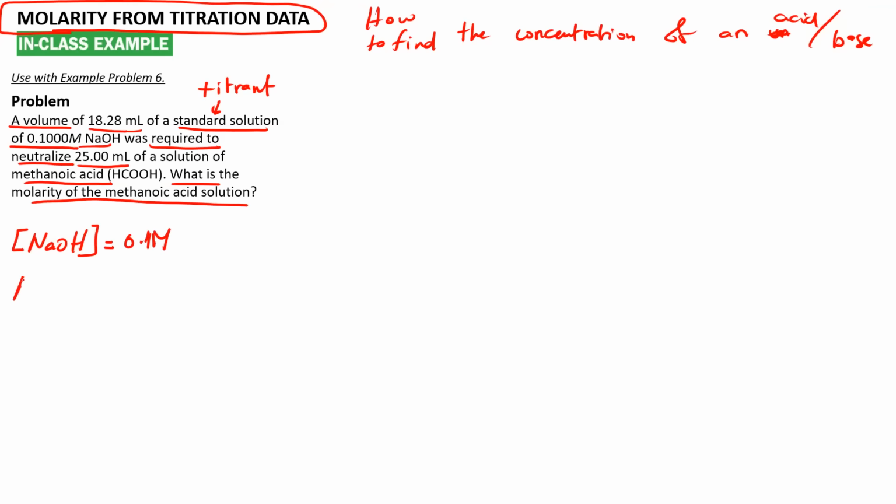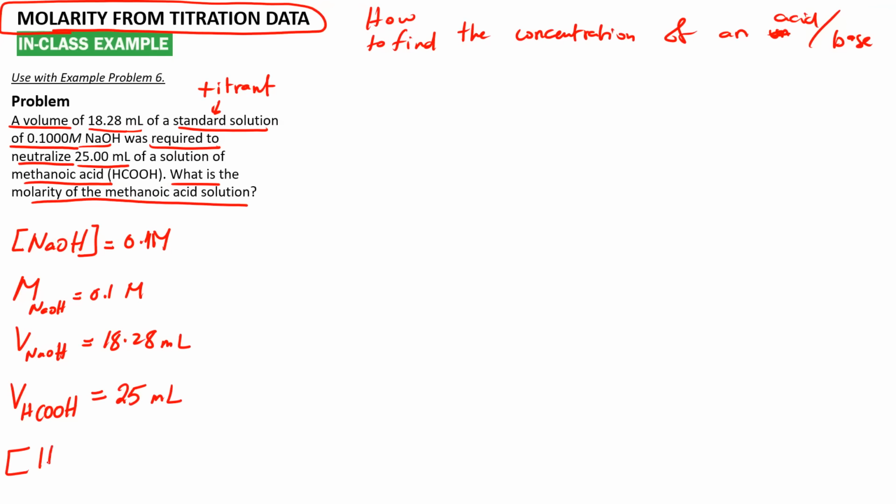I call it the molarity. Okay, the molarity of NaOH equals 0.1 molar, and the volume of NaOH equals 18.28 ml. And the volume of methanoic acid is equal to 25 ml. What does it want? It wants the concentration of HCOOH.